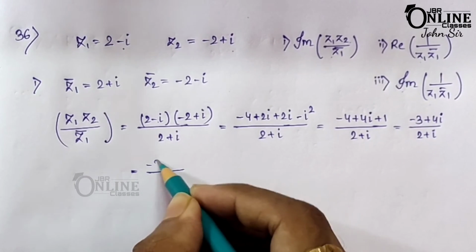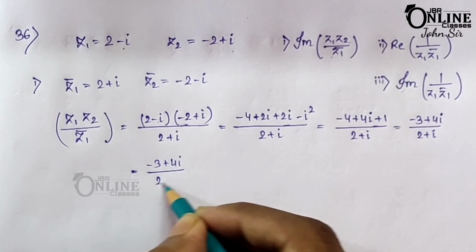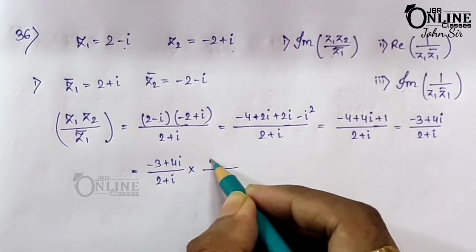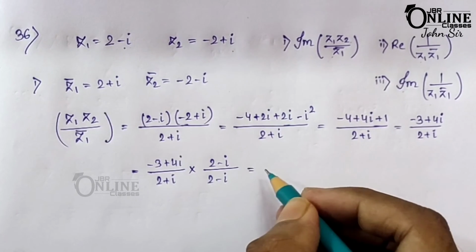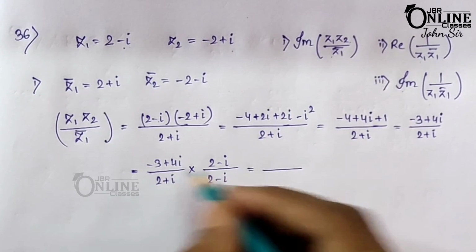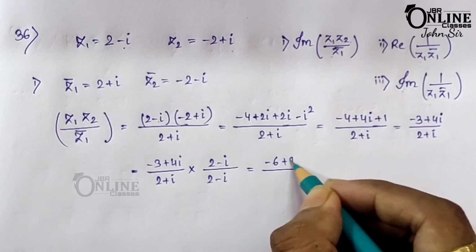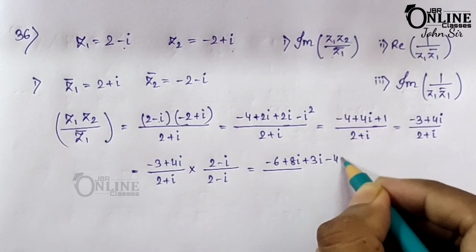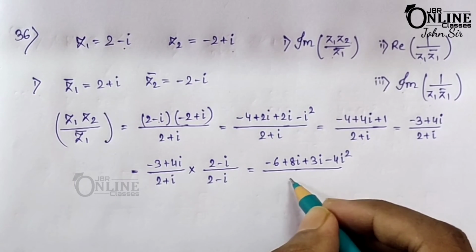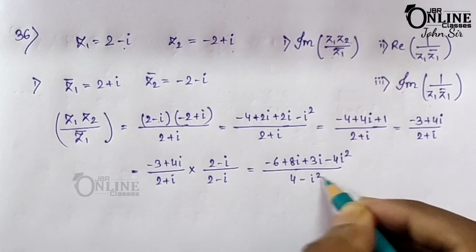Now if you multiply with the conjugate one, 2 plus i multiplied with 2 minus i, then that equals minus 6 plus 8i plus 3i and minus 4i square, and the denominator equals 4 minus i square.